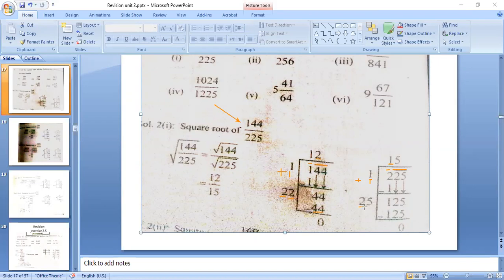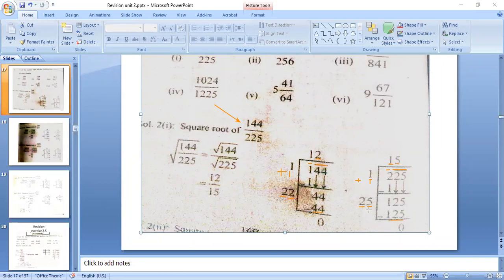Now we write a number with this 2. It can be any number, but we find out which number is suitable. If we write 5 with it, then we write 5 in the quotient. Now this 5 is multiplied with 25, and we will get this 125.